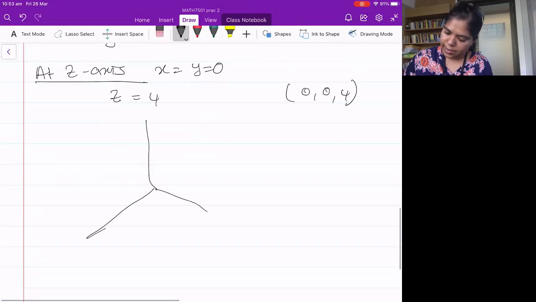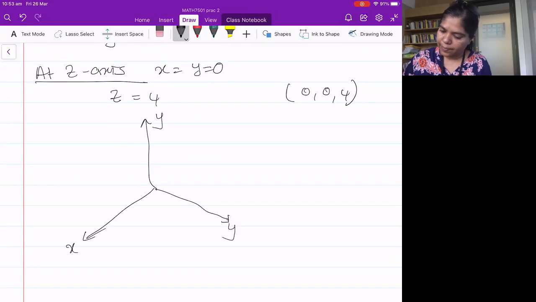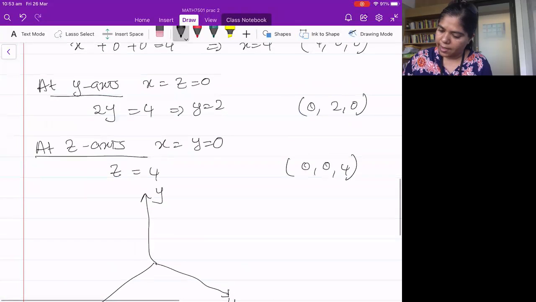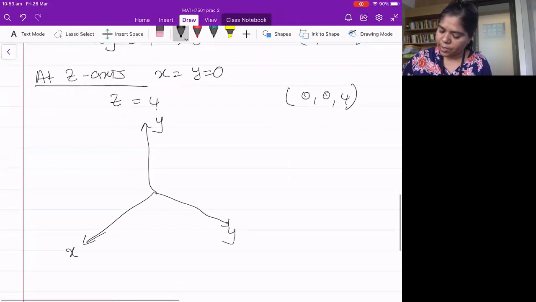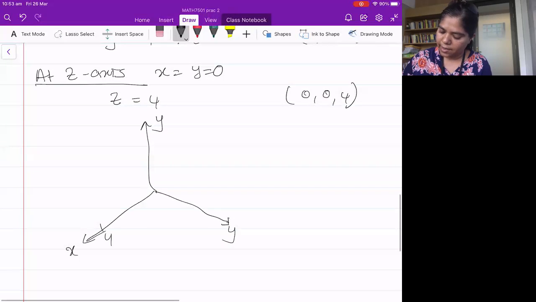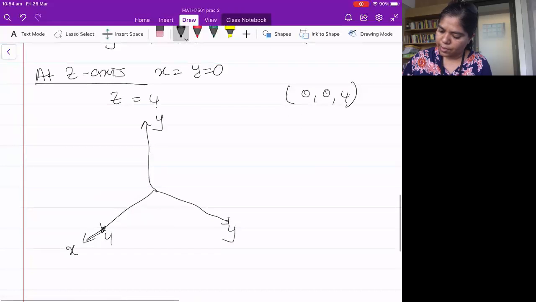Now, to sketch the plane, you could join these points with lines and then draw the plane along the lines. So 4, 0, 0 is maybe somewhere here, and 0, 2, 0 is maybe somewhere here, and 0, 0, 4 here.